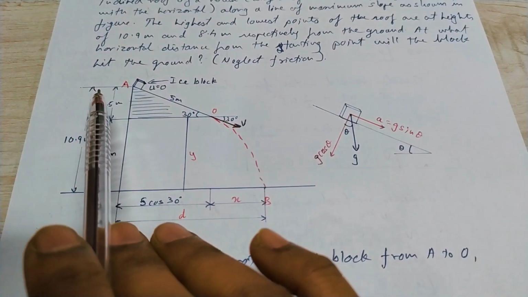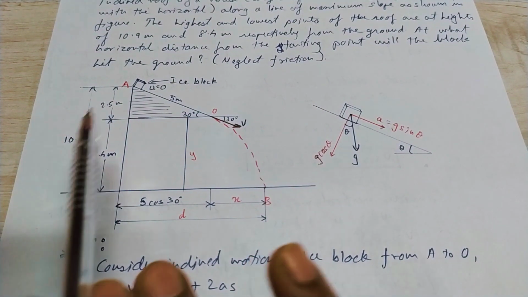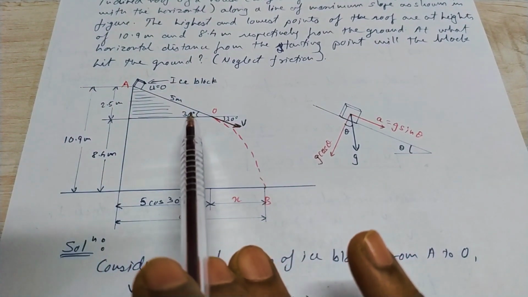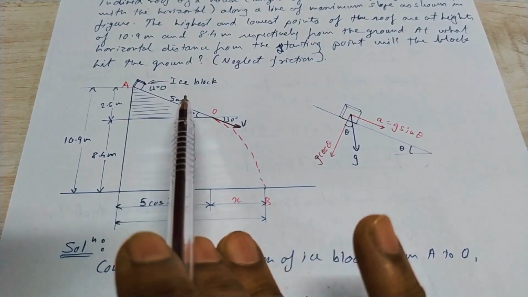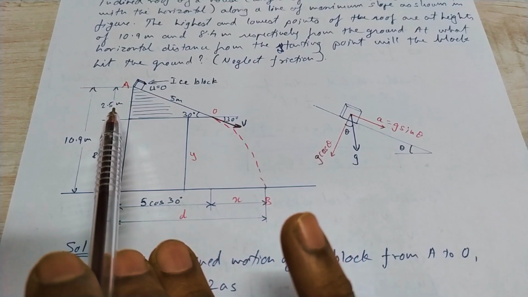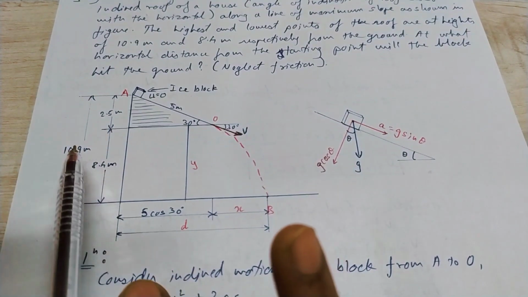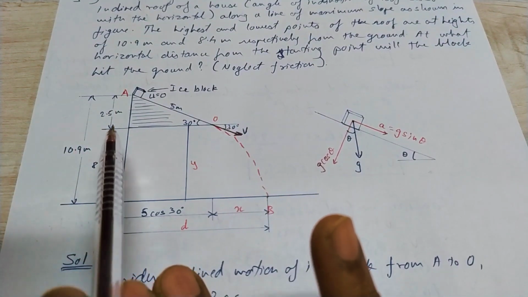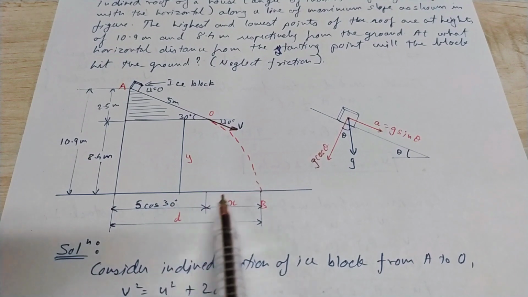The whole distance from point A to the ground is given as 10.9, this length is 5 meters, and this angle is 30. So this vertical line becomes 5 sin 30, which gives you 2.5. So this distance becomes 10.9 minus 2.5, that is 8.4. So the value of y is 8.4.